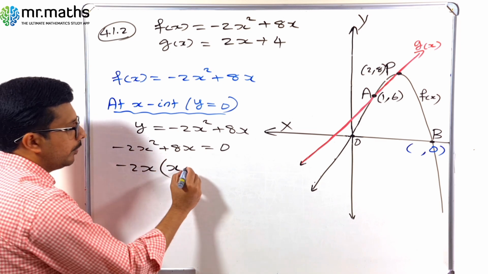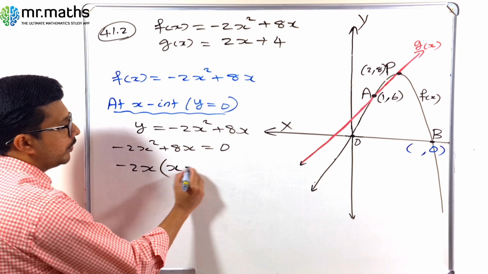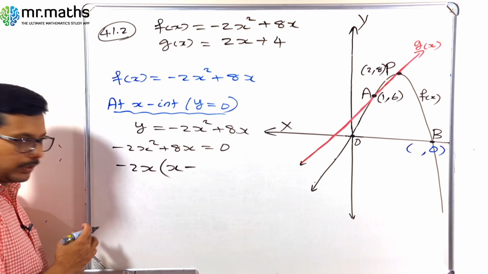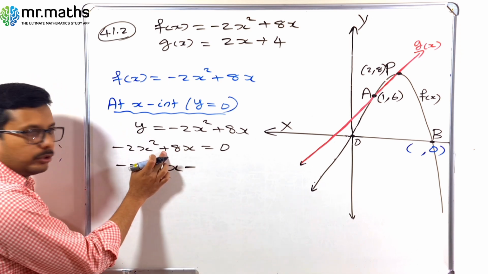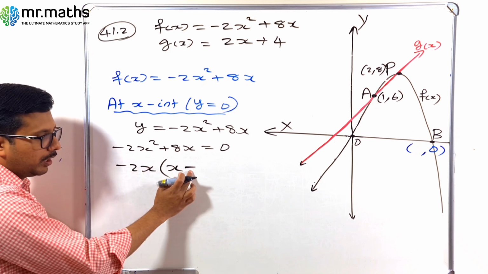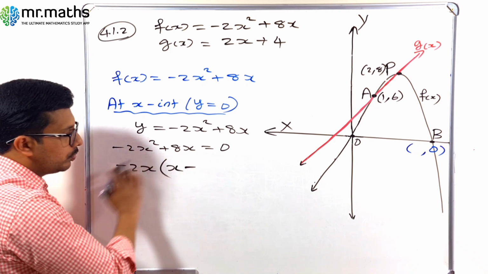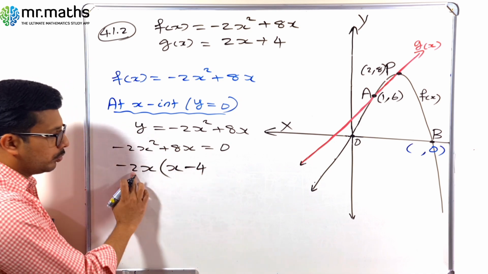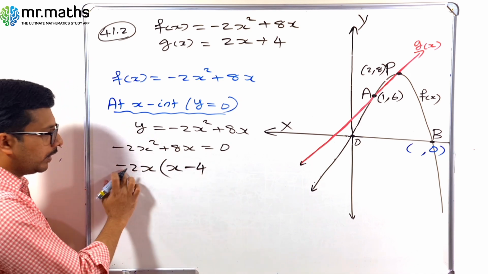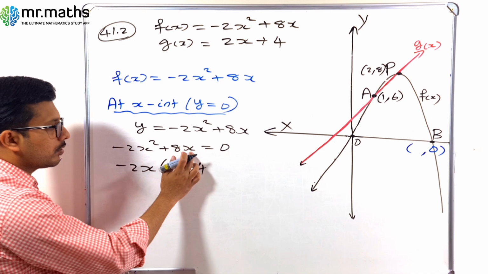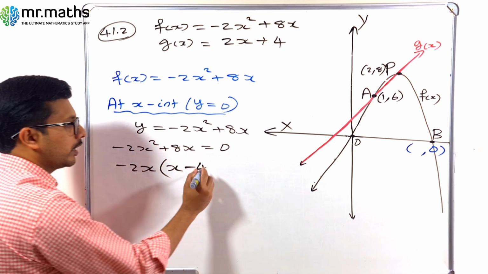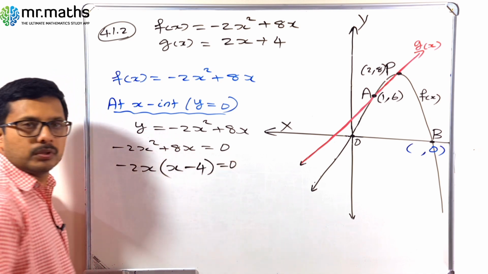Then here it is minus 2, so here we are supposed to write minus. Don't make that mistake. Minus into minus is going to be plus. 2 is out, so from 8, 2 out means it's 4. 2 times 4 is 8. Minus times minus is plus. X is already a common factor. So it's x minus 4 is equal to 0.